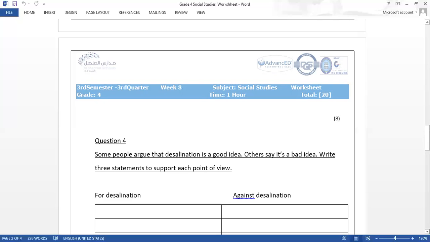So they state their question. Some people say desalination is a good idea, others say it's a bad idea. What are the pros and what are the cons?